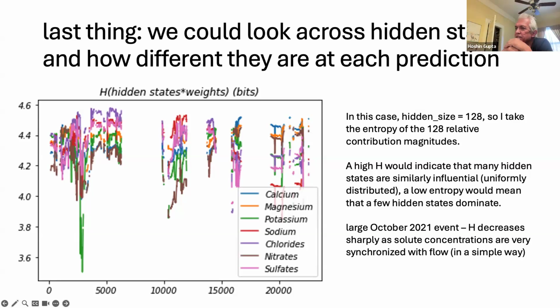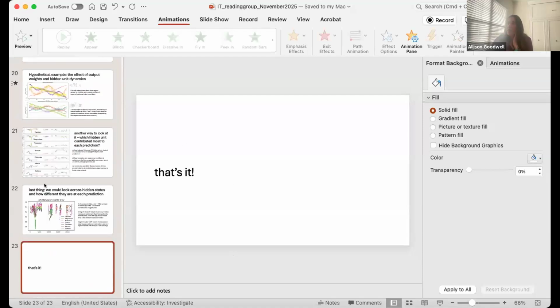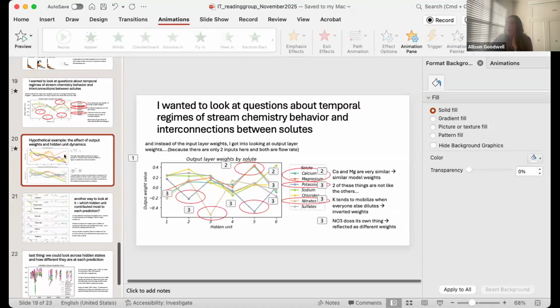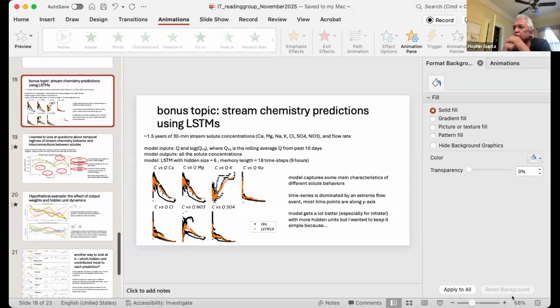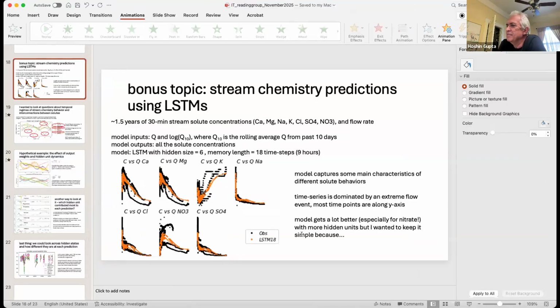Just one final comment. When you showed your flow versus concentration curves a few slides back, yeah, that one, I got the impression that there might be some hysteretic behavior in here.